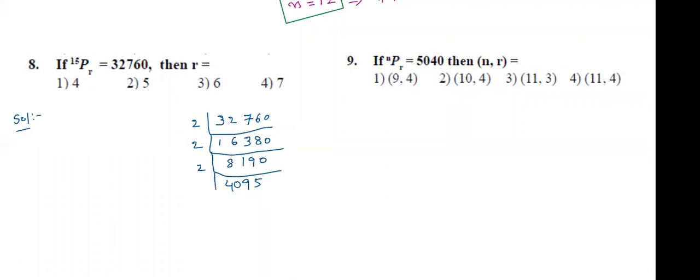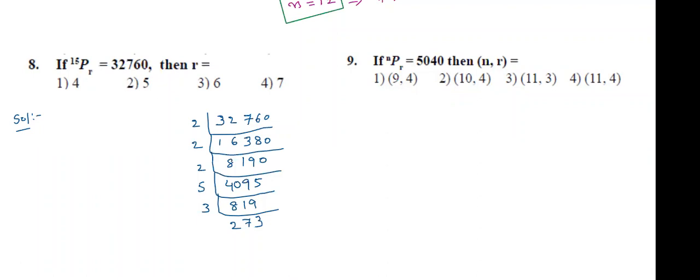4095. Now again, the last digit is 5, so go to 5. 5 eights are 40. Next, 5 ones are 5, 5 nines are 45. Next, go to 3. 3 threes are 9, 3 twos are 6, 3 sevens are 21.